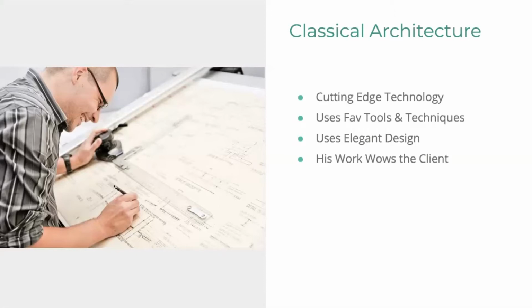They want to build a new office or maybe a big building, and he needs to produce a blueprint for it. This guy who practices traditional architecture is very passionate. He uses cutting edge technology, his favorite tools and techniques, and elegant design in everything he does, because the moment the requirements come to him, he knows what the solution would look like.